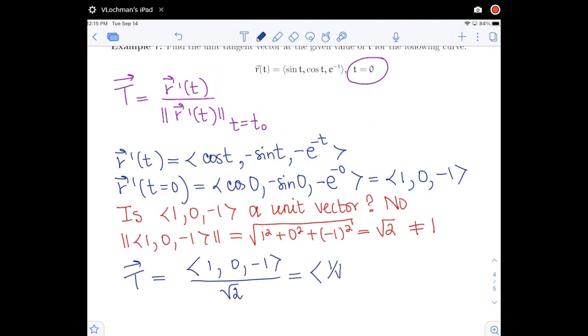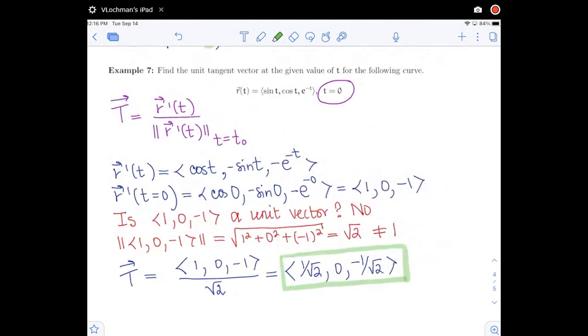So this is 1 over root 2, 0, -1 over root 2. And now this is a unit vector. If you think about a unit sphere in 3 space, the ending point of this vector is on that sphere. That is your final answer for this particular problem.